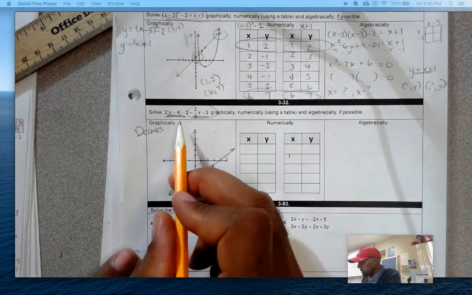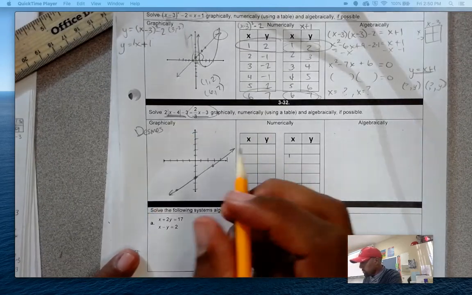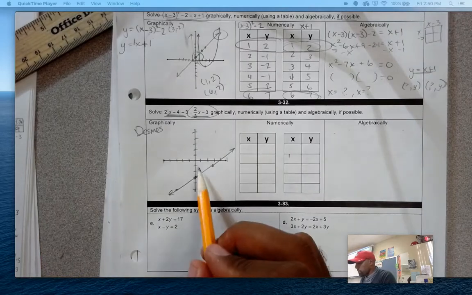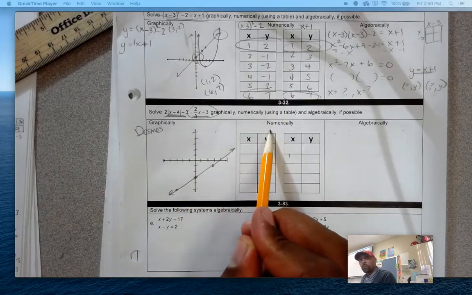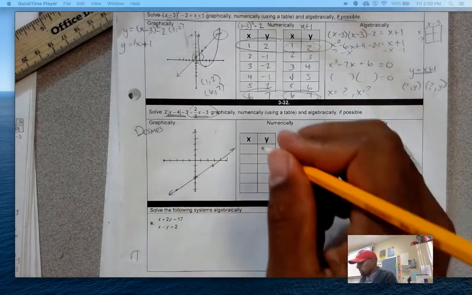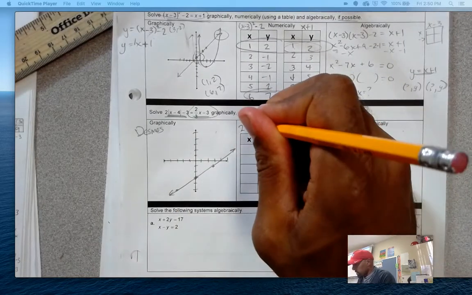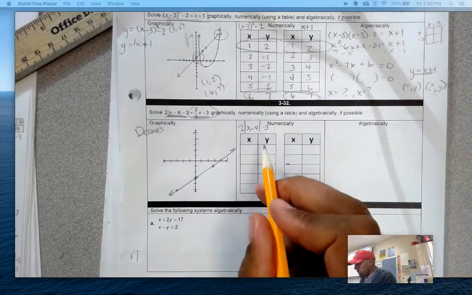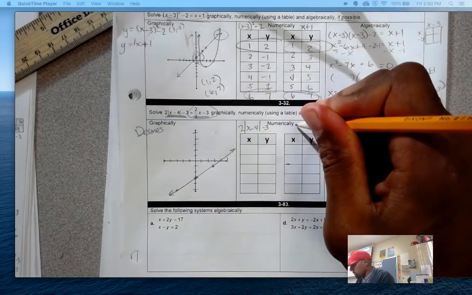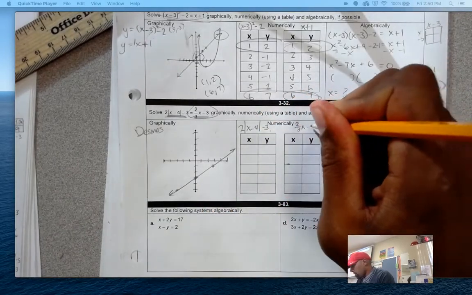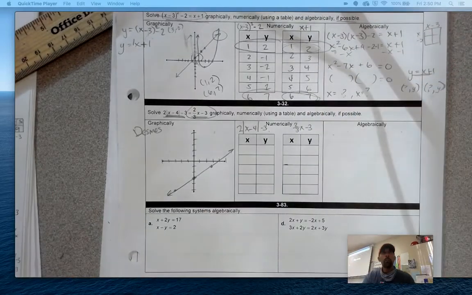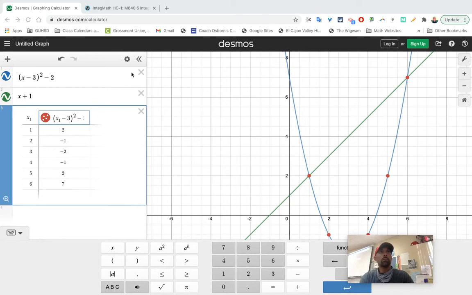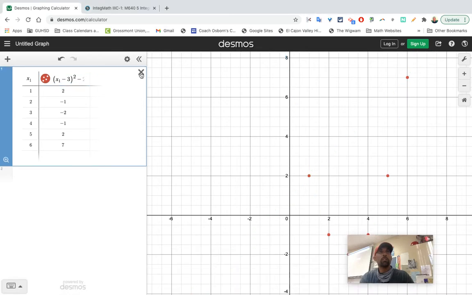Okay, so now that one, let's go to Desmos to figure that out. And actually what I'm going to do is jump over to the numeric. And the reason for that is once I get these points, I can just plot them on the graph. So let's finish this, and then we can use that to help us finish the graph. Okay, so we'll go over to Desmos. Close these out now.